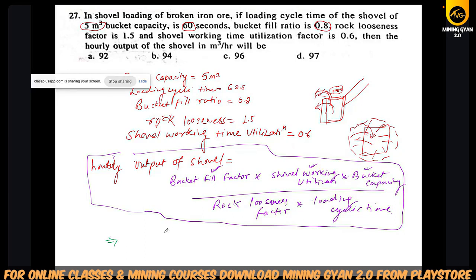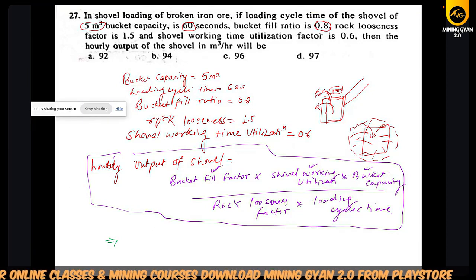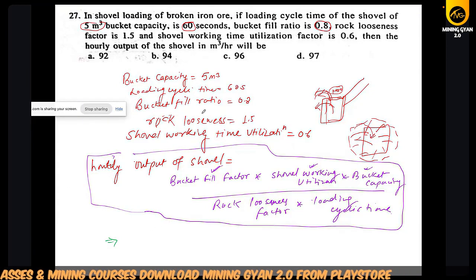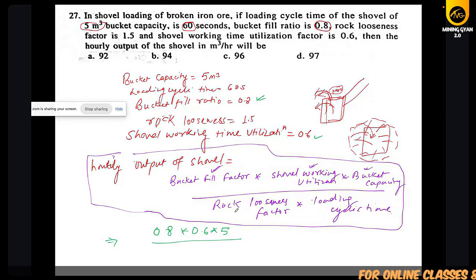So here, how much bucket fill factor has he given us? Bucket fill ratio is 0.8, multiply with shovel working utilization, which is 0.6, and bucket capacity is 5, then divided by looseness factor.